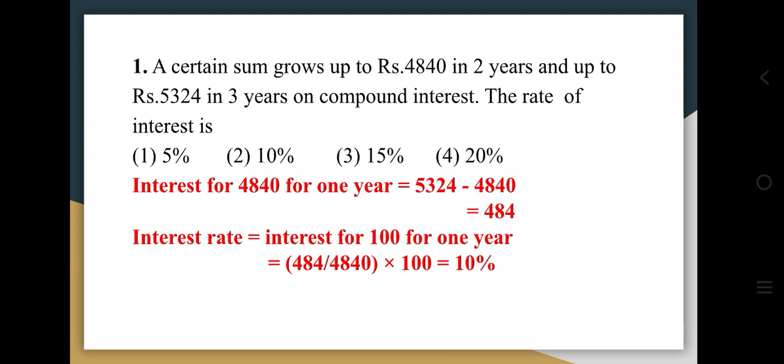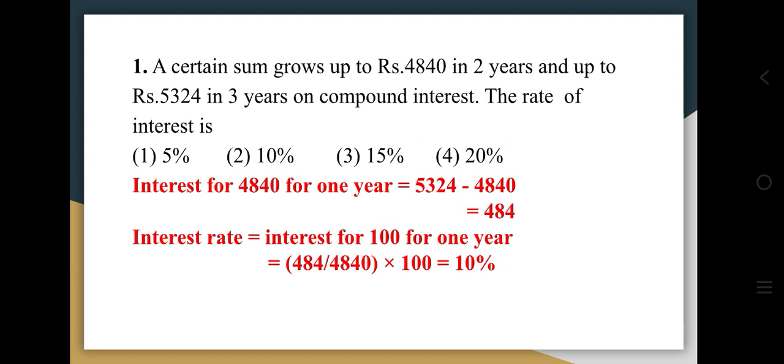So the interest for 4,840 for 1 year is 484. We want the interest rate. What is the interest rate? Interest rate is interest for 100 for 1 year.